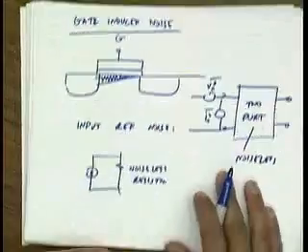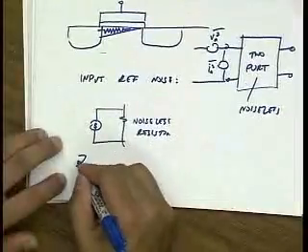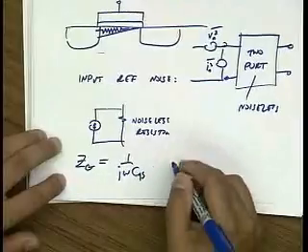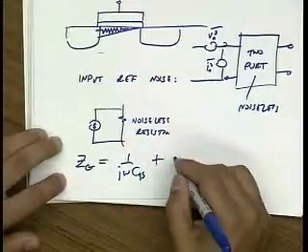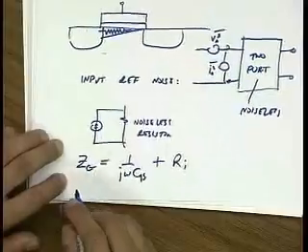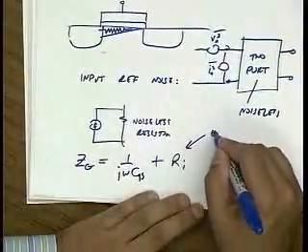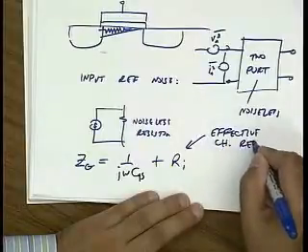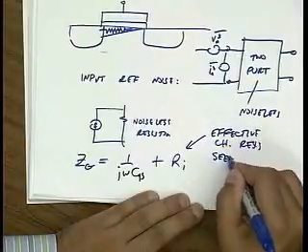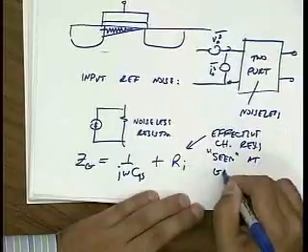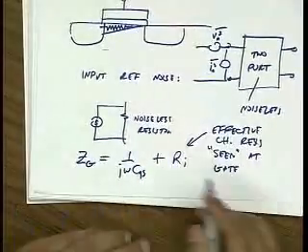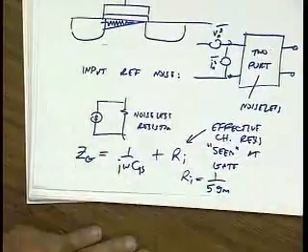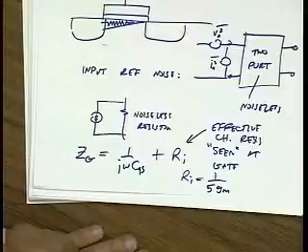In fact, I can show that Z gate is 1 over j omega CGS plus, I'm going to call this Ri. Ri is the effective channel resistance seen at the gate. Again, it's a distributed resistance. And if you do a careful calculation, you find that it's 1/5 times 1 over Gm.